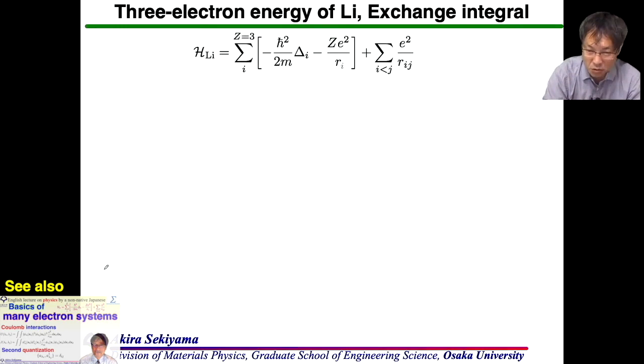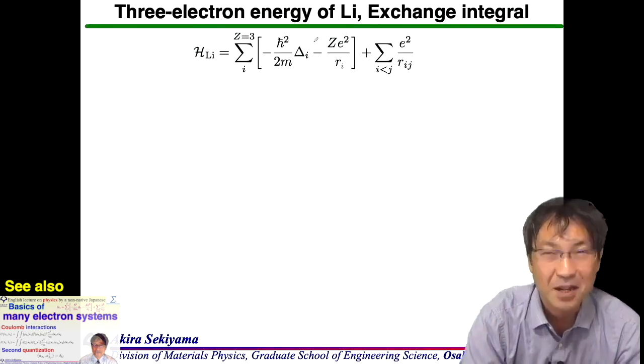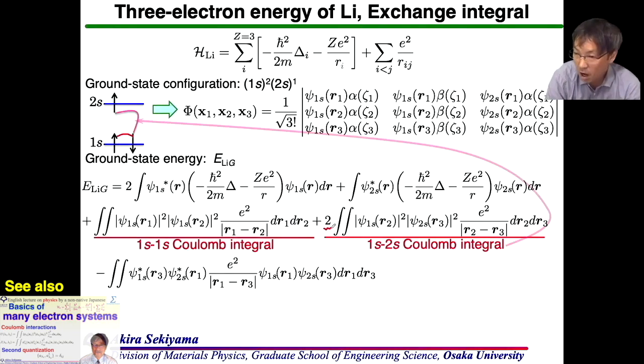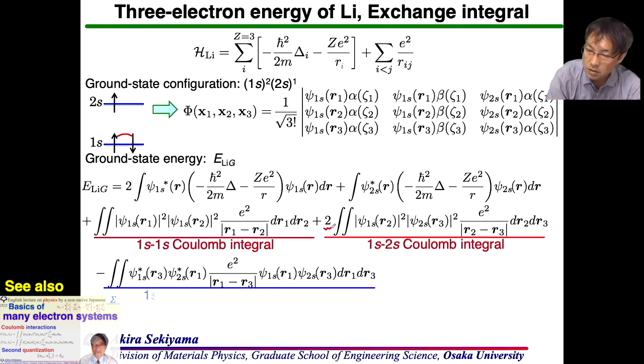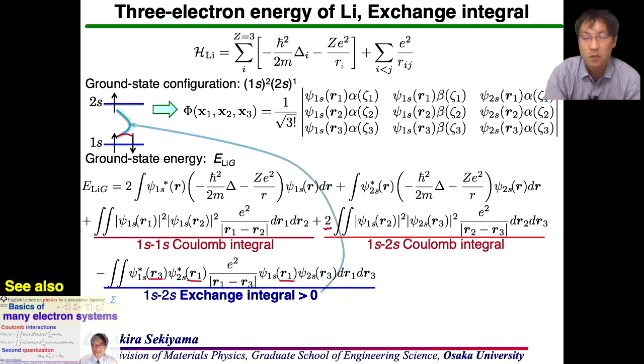I introduce exchange interaction by using the lithium atom. After the calculation, we can notice this term is given. This is due to the nature of the Slater determinant. This term is not given by the classical framework.